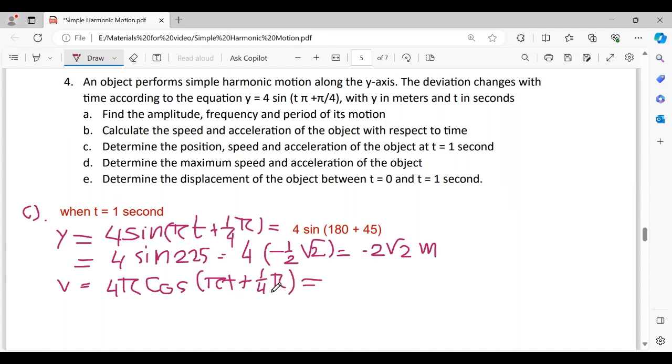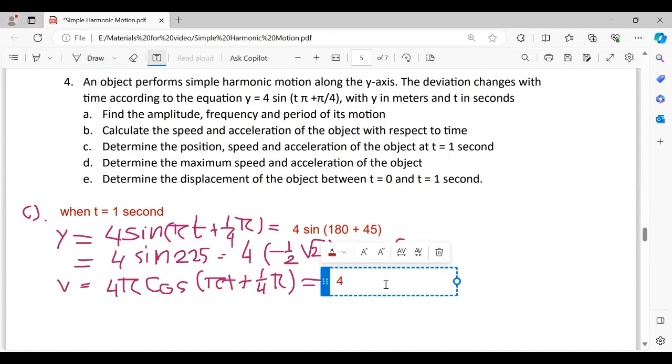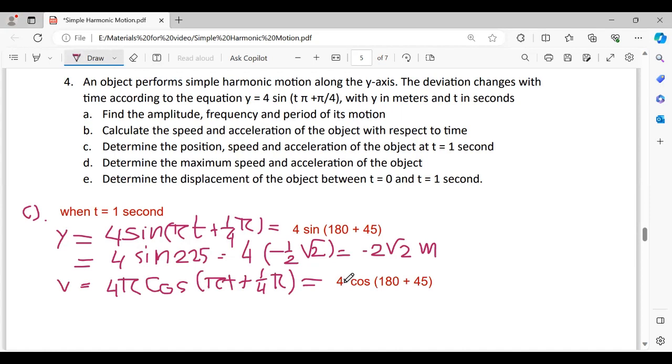If we calculate, it becomes 4 pi cosine of 180 plus 45, so 4 pi times cosine 225, which is minus half square root 2.